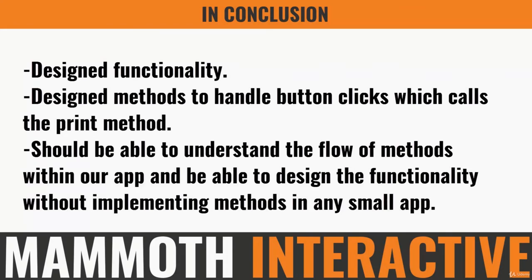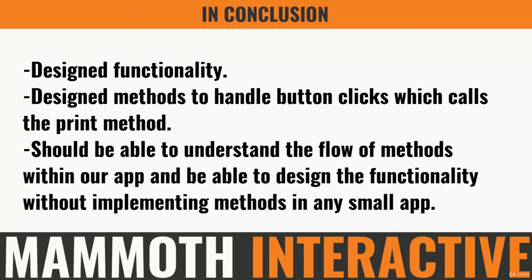In this part of our tutorial, we focused on designing the functionality. So we designed methods first to handle button clicks, and then those methods called the calculate method, and then that calculate method will call the print method. So again, we didn't actually implement any functionality within these methods. We just designed the control flow and declared these methods.